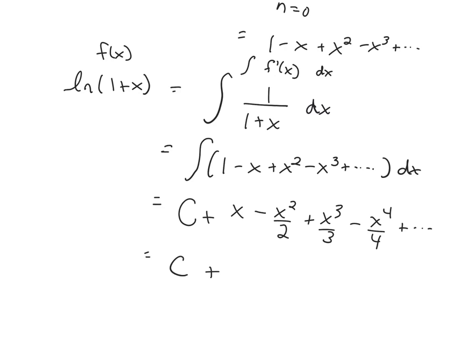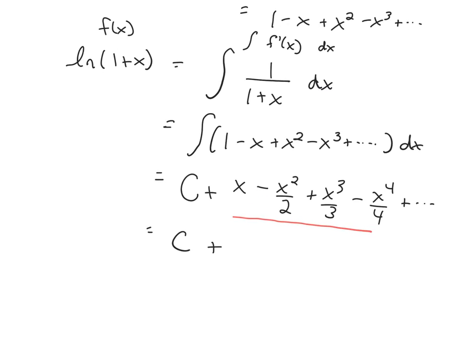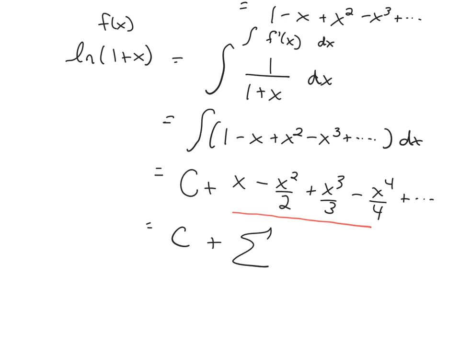So this is C plus all of this stuff, which we can write as a series with summation notation. The sum of x to the n over n. Maybe I'll start it off at 0 like the other one: negative 1 to the n, x to the n plus 1 over n plus 1. The first term is positive, so it's either n or n minus 1.